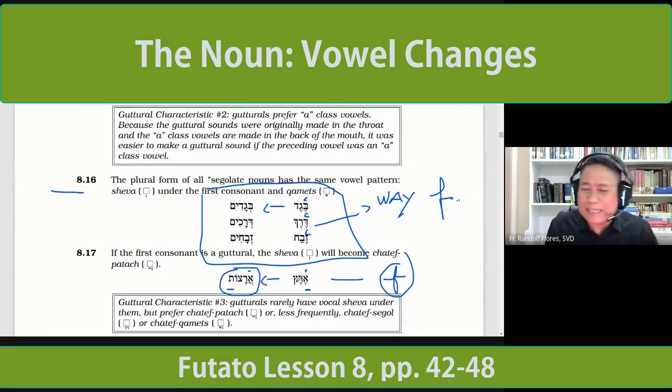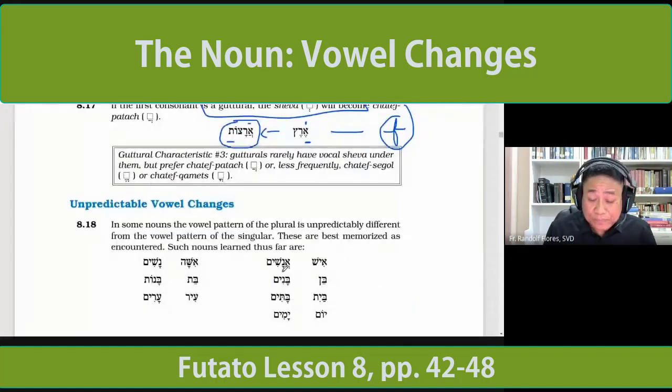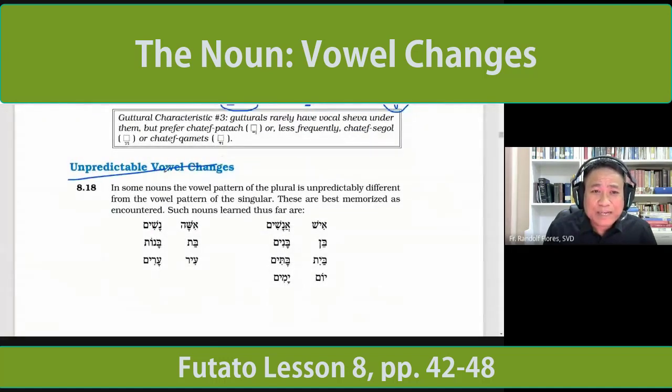With one syllable, it's easy. No? But with two syllables, you have the rule. With one syllable, I just have some of these changes. Unpredictable, meaning no explanation, just like variants. Variants of vowel changes. And what we did when I was a student is just simply to memorize them. For example, the plural of isha is nashim. Some of you were caught in mistranslating.